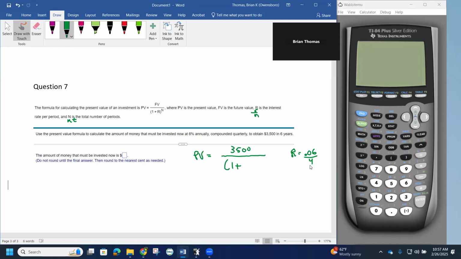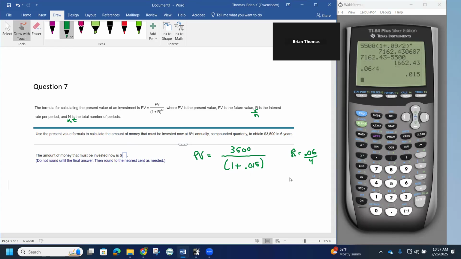So it's going to be our new rate of interest. If we do that math here, 0.06 divided by 4 gives us 0.015. So it's our new rate of interest since we're compounding 4 times a year.